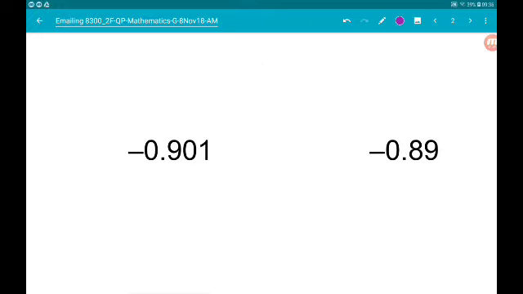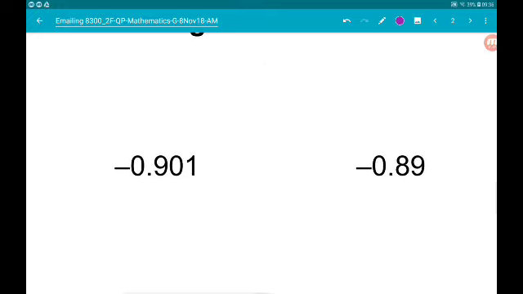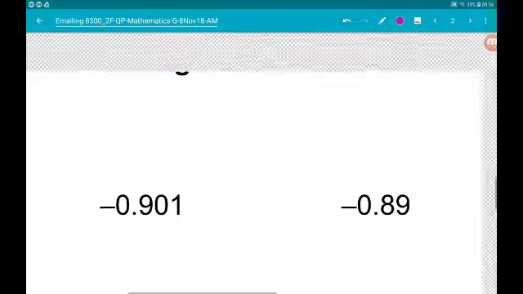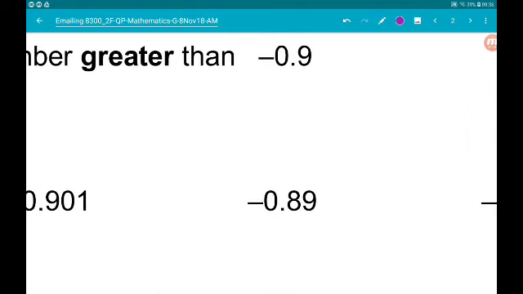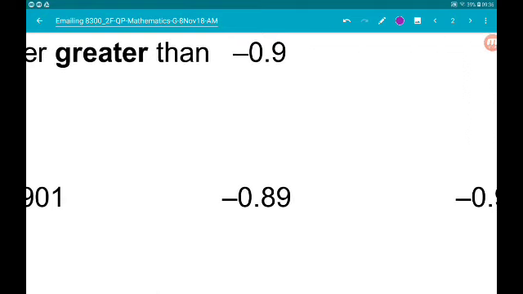Minus 0.901 is going to be less than minus 0.9. Minus 0.89 is our guy. 0.89 is less than 0.9, so negative 0.89 is bigger than negative 0.9.